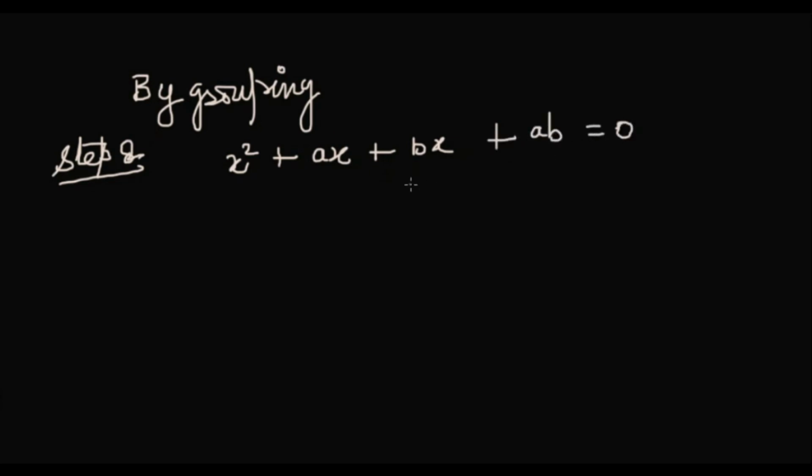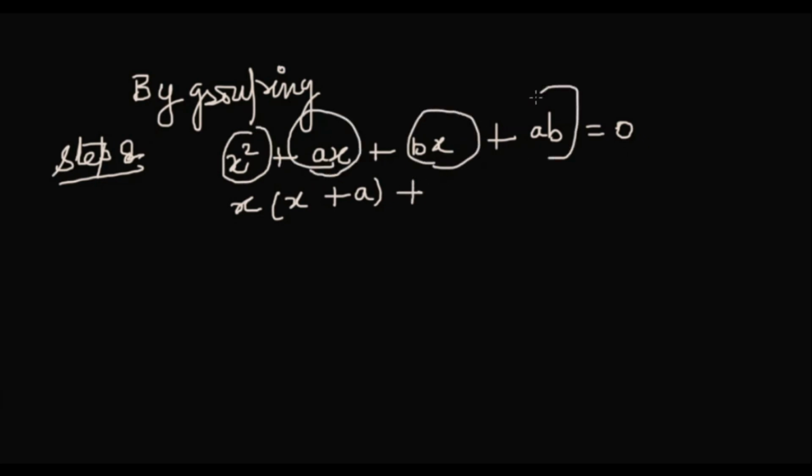You have to do the grouping in this equation, and after doing it you would be taking x common from these two terms and taking b common from term 3 and term 4 basically. So it would be like this, and now taking x plus a common.